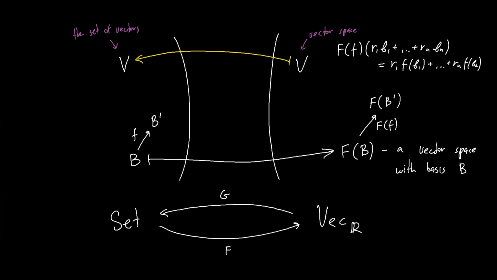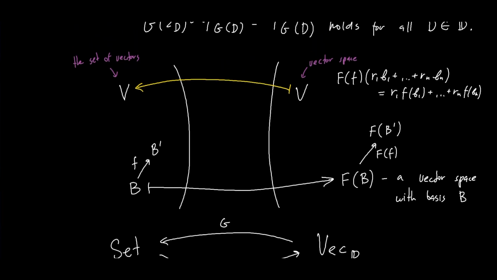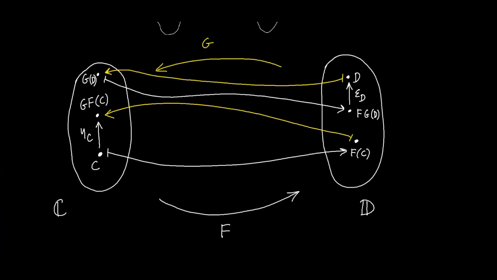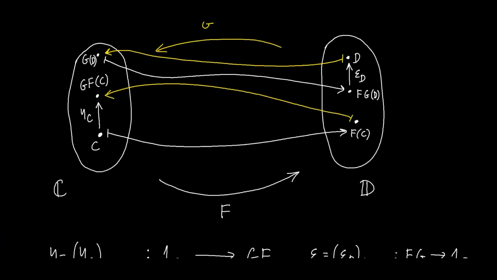I'm not describing how this is defined on morphisms, but that will be trivial. A linear map between vector spaces, of course, will give me a function between the corresponding sets of vectors. Now let's see if we can isolate this idea of approximating my starting point with two natural transformations, eta and epsilon.